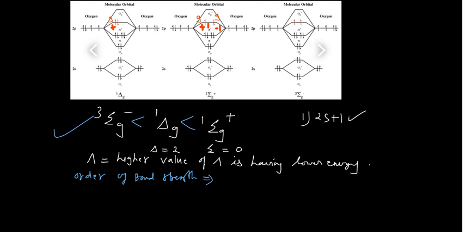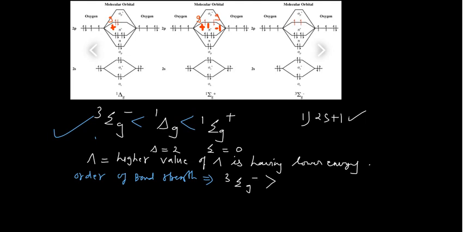Okay, so if you compare the energy actually, right? So energy is actually lowest in this 3 sigma g, right? Energy is lower. That means its bond strength would be the highest one. So if you go for the bond strength, then you will write in that manner. Your 3 sigma g negative would have the highest bond strength.